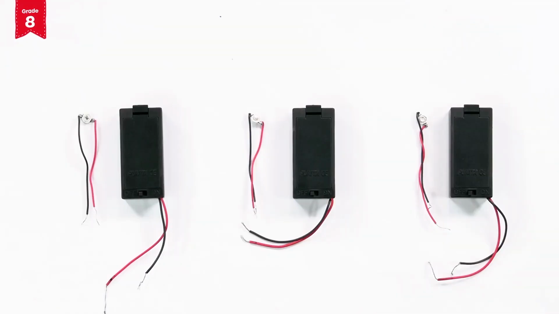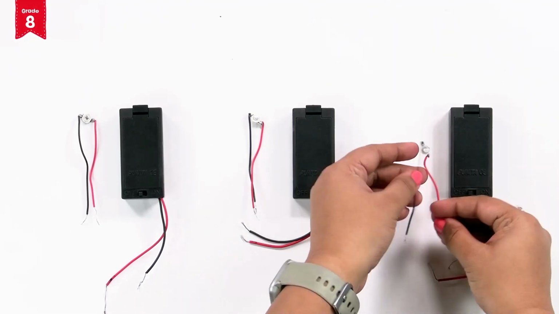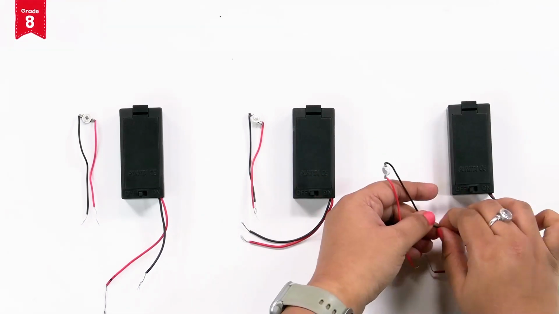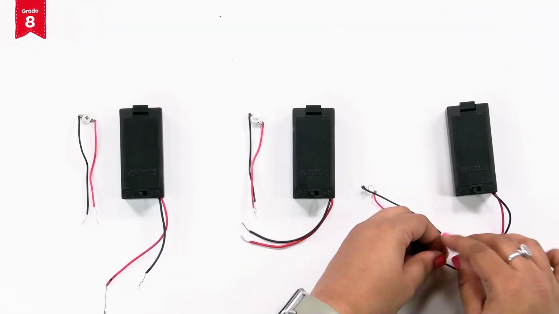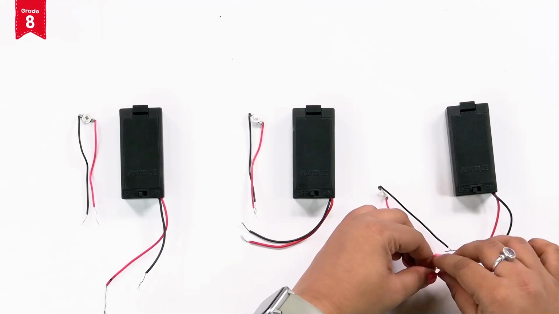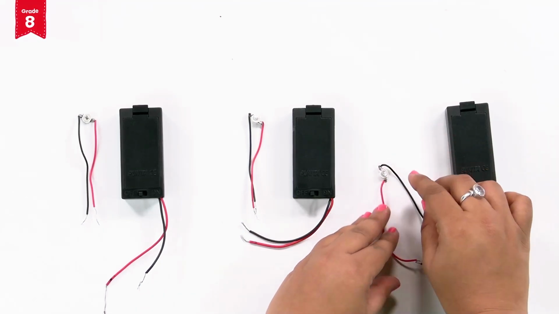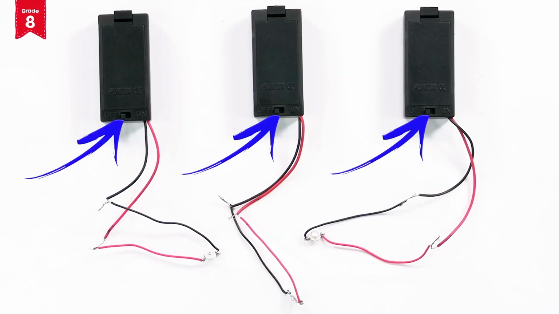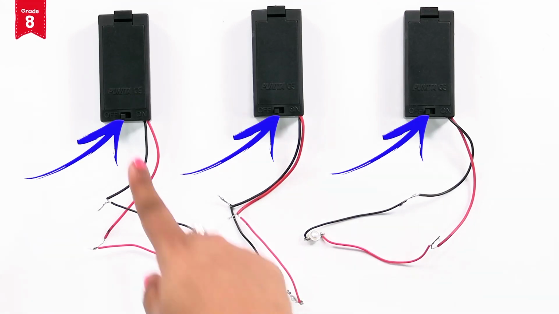Check the lights by connecting them to the battery holder wires one by one. Now, turn on the switch of the battery holders.